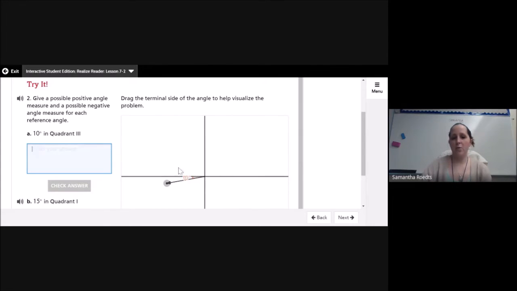So I'm going to add 180 plus 10, which would give me 190. So my positive is going to be 190 degrees. And then my negative angle is going to be 360 minus 190, which is negative 170 degrees.